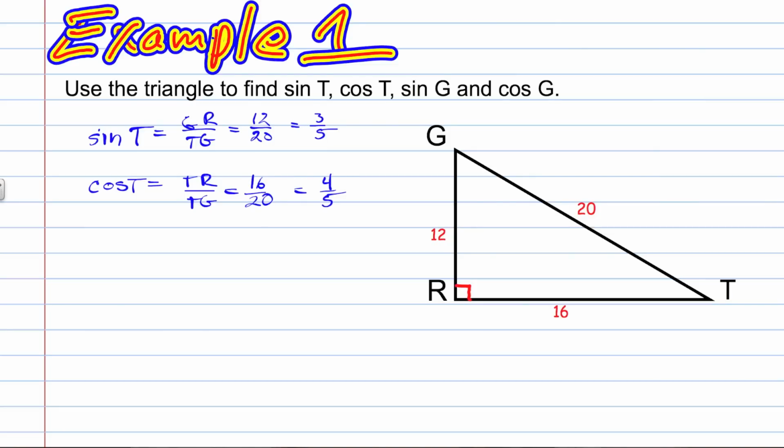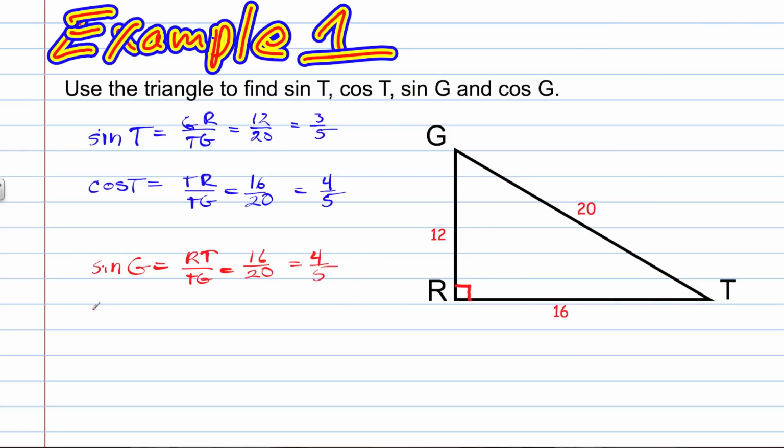Now, moving to the other angle, angle G, the sine of angle G is equal to RT over TG, which is 16 over 20, which reduces by a factor of 4 to 4/5.